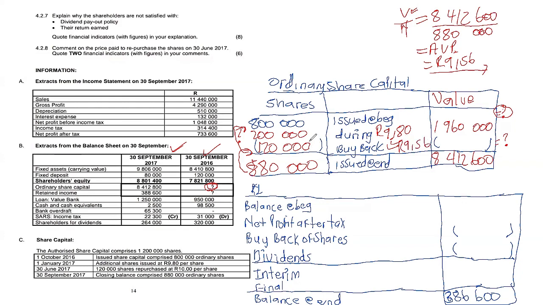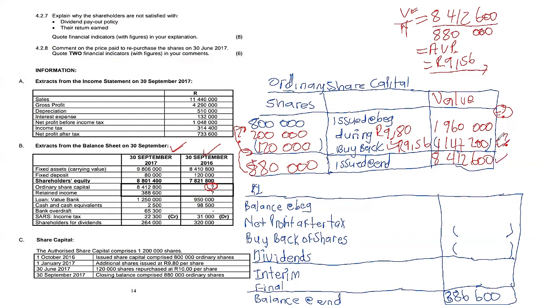So these 120,000 shares were bought back at 9 Rand 56 average price. To get the total value of shares bought back under ordinary share capital, you take 120,000 and multiply by 9 Rand 56, and you will get an amount of 1,147,200.